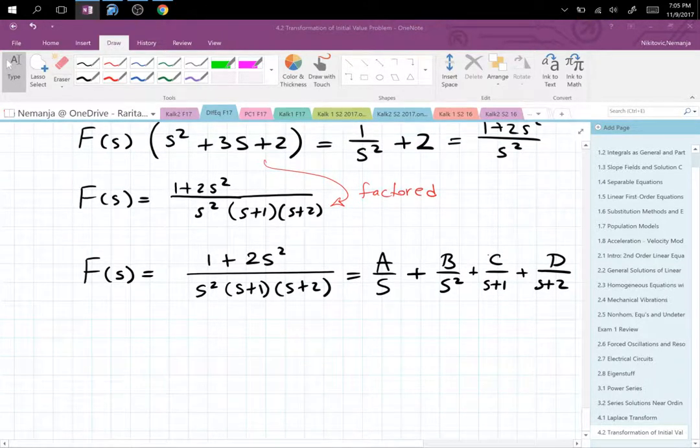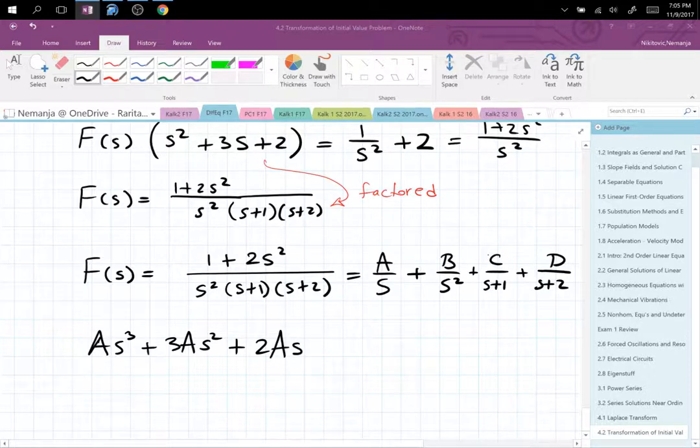So let's cross multiply. A needs to be multiplied by s plus 1, s plus 2, and then times another s. When you FOIL, you get as cubed plus 3as squared plus 2as. So that's for the first one.